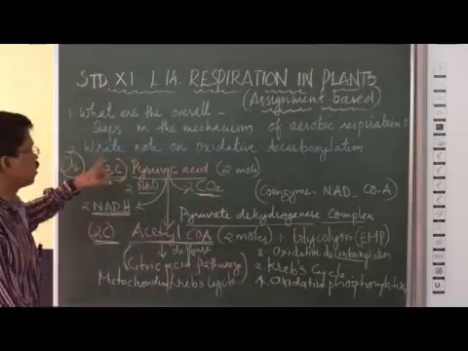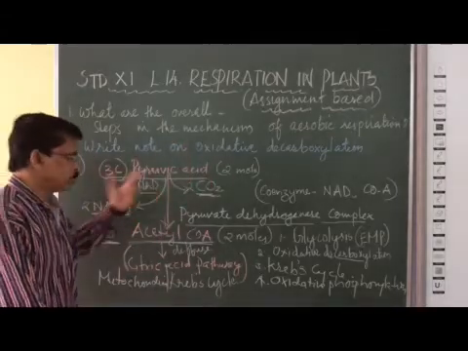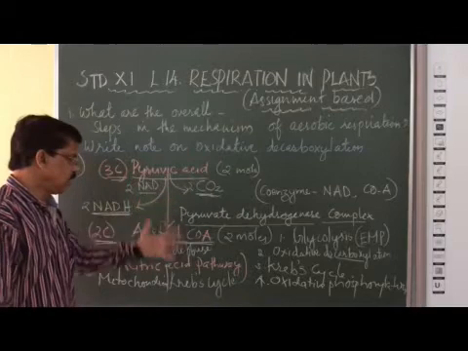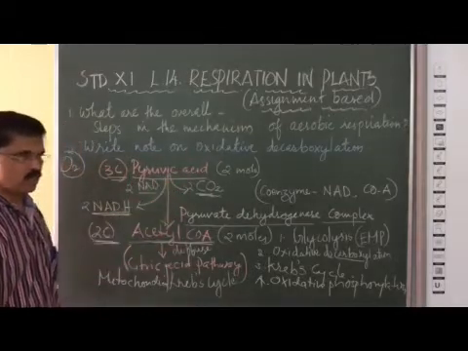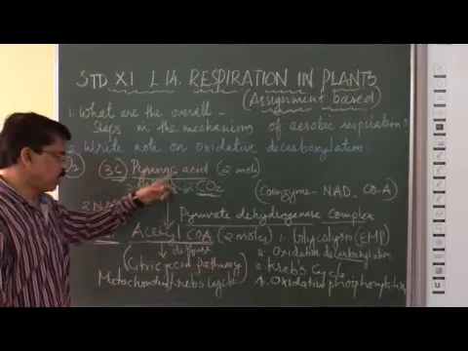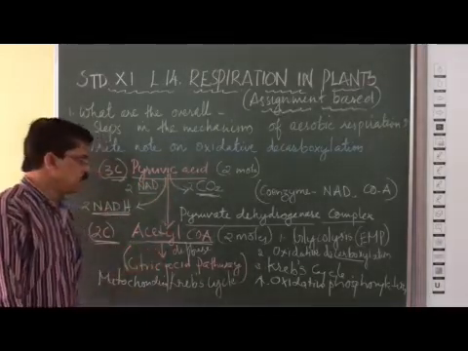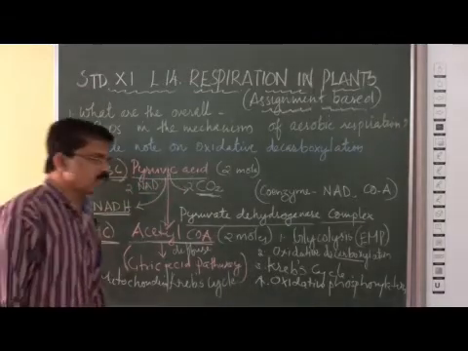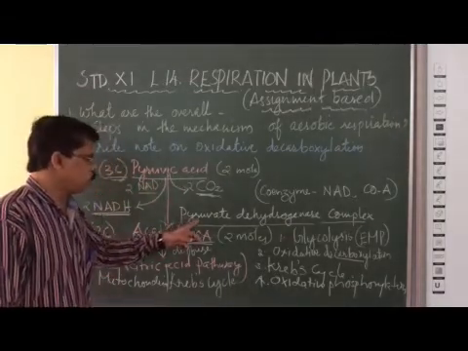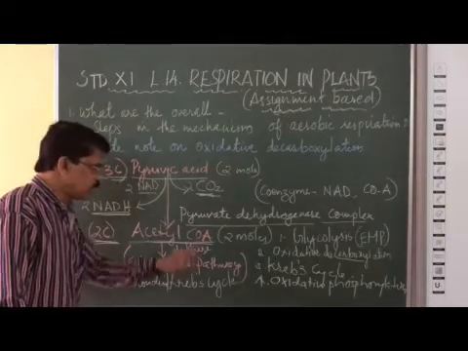Now the second question: write a note on oxidative decarboxylation. I have already explained this reaction, oxidative decarboxylation. What is that? 3 carbon pyruvic acid is converted into 2 carbon acetyl coenzyme. It needs the activity of the enzyme pyruvate dehydrogenase, and many coenzymes are required.